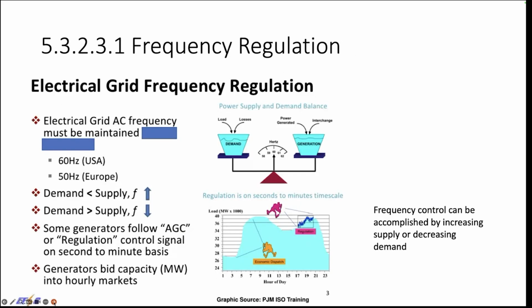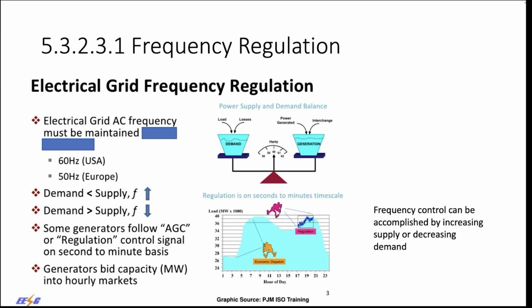So frequency regulation, as we said, is very, very important to make sure that the frequency of the grid stays at the value for which everything is designed, basically 60 hertz. In the United States, we're at 60 hertz, and in Europe they're a little bit lower, so there's a little bit of a problem using appliances on European power.